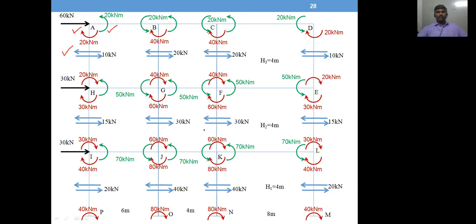You may use different colors for drawing, or else just a simple pen and pencil, whatever it is. But there should not be any clumsiness in noting the values or giving the notations. There should not be any deviation and any confusion. It should be very clear in the picture.